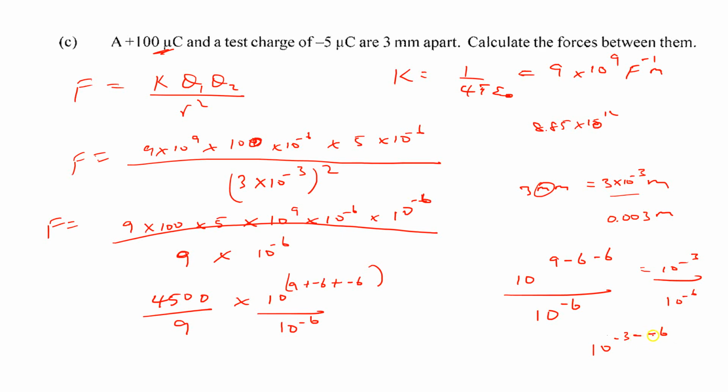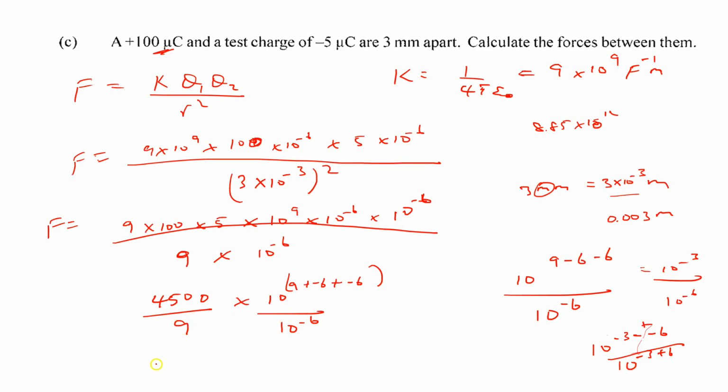This minus 6 is going to give me plus. Cool? So at the end of the day, we're saying 10 to the minus 3 plus 6. There can be easier ways of doing it, but if you're running into problems, then you can try this way. But if you don't use this way, don't kill yourself over it, honestly.